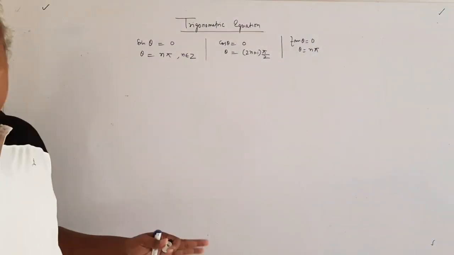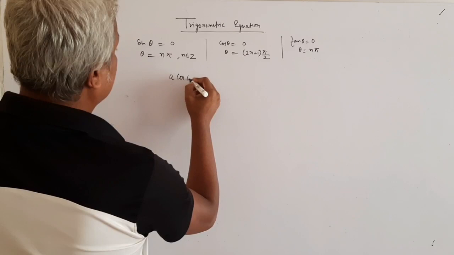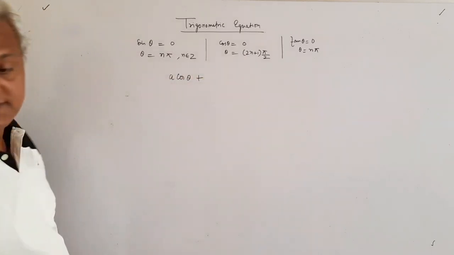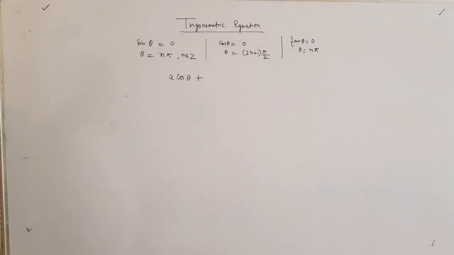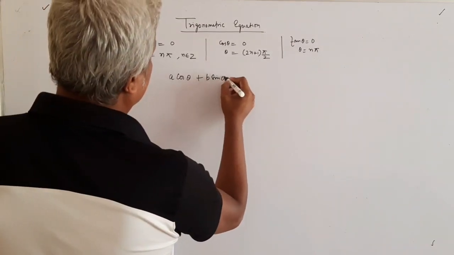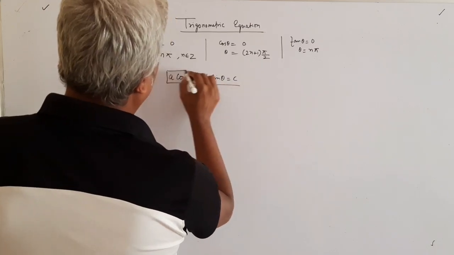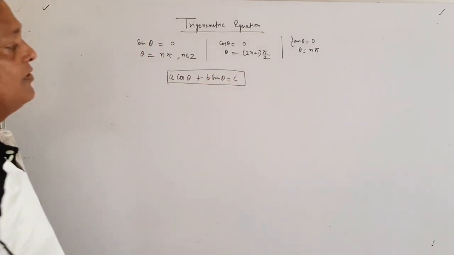Now we have another important form, and that form goes like a cos theta plus b sin theta equals c. How will you solve the equation of this form?